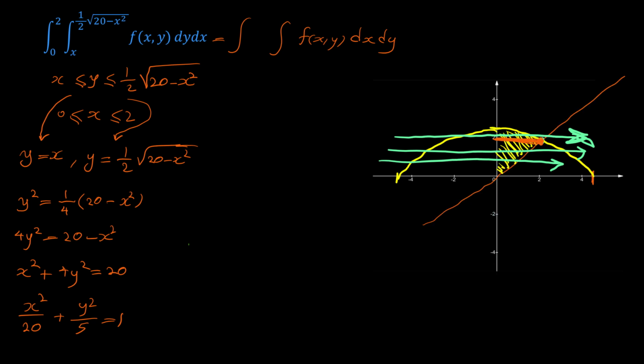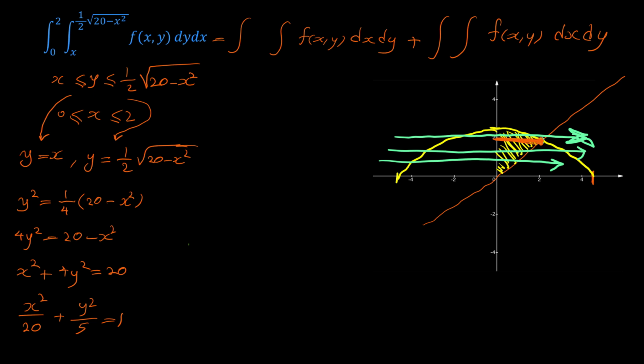So it seems that we cannot describe this region in terms of one integral. So I have to write two integrals for function f, then dx dy. Again, what is the reason for that?